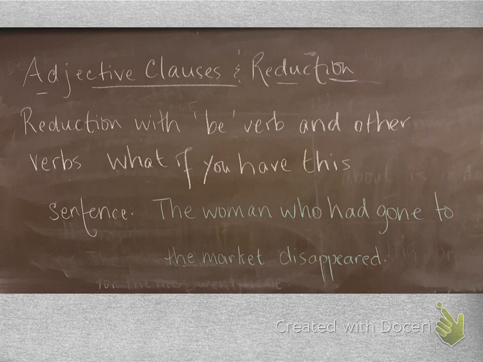But what if you have this? The woman who had gone to the market disappeared. There's your adjective clause. Can you think how you would reduce that? We know that this is functioning as the subject. What does that look like for you?